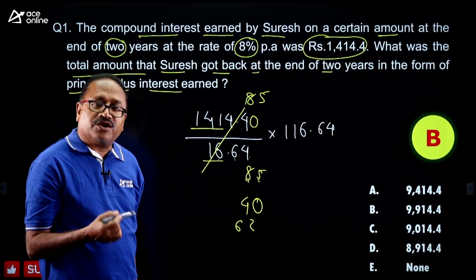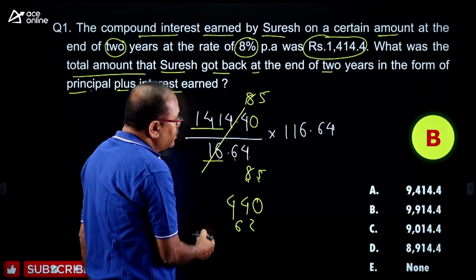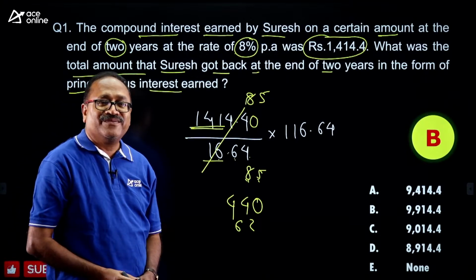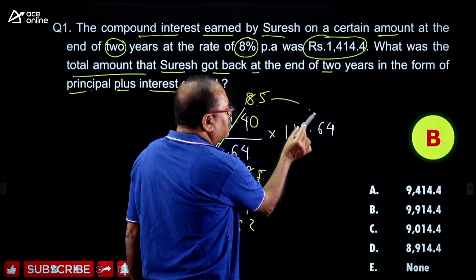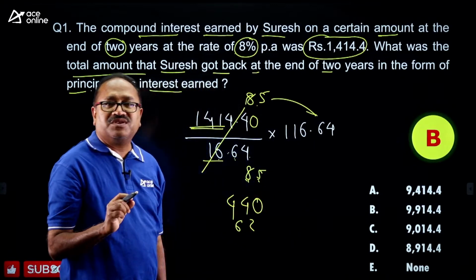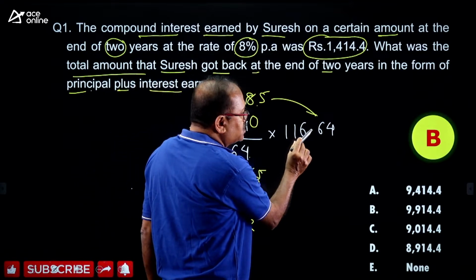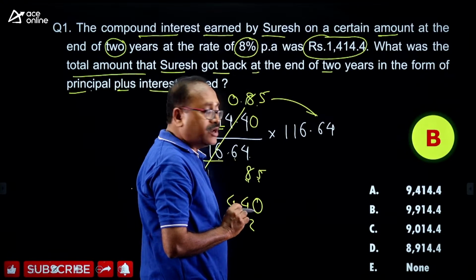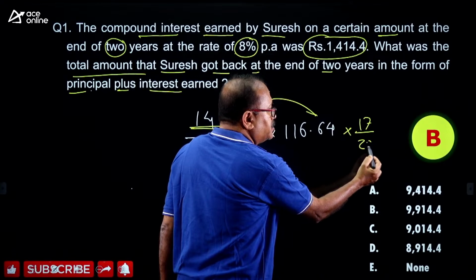So 80 plus 48 is 128, and 128 plus 6 is 134, carry 3. So you notice that the same thing is coming. Now your job is 85 into this number, and again it is 2-digit to 2-digit multiplication, or as the decimal is there, if you bring the decimal over here, then it should be multiplied by 17 by 20.